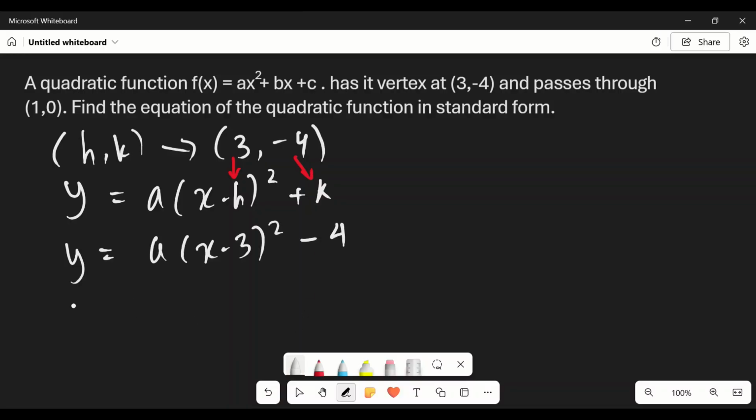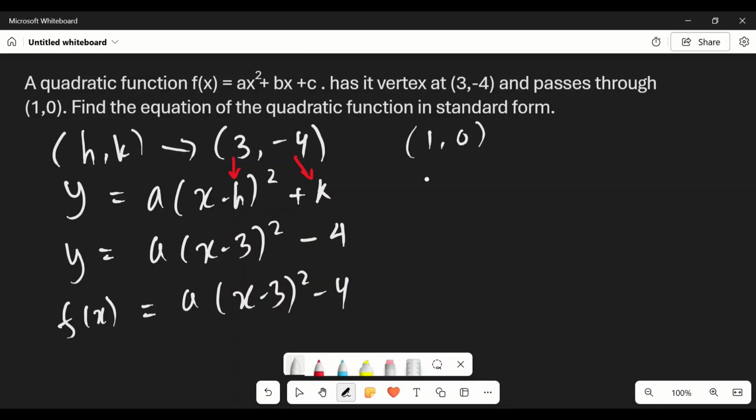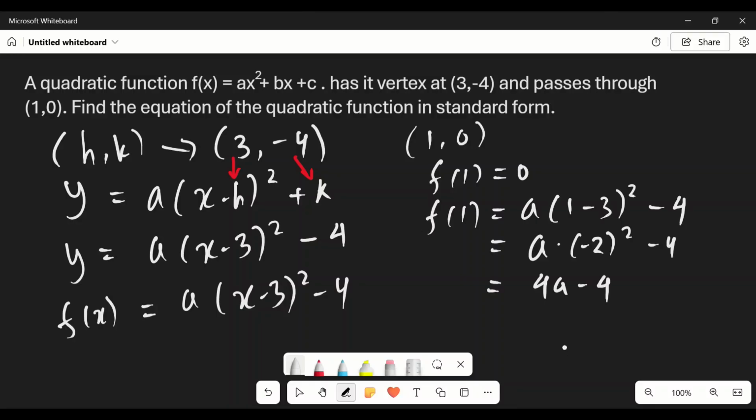We know that y equals f of x. And f of x passes through the point 1 and 0. So we get f of 1 is 0, and we know that f of 1 is 0, so we can substitute 0 in here.